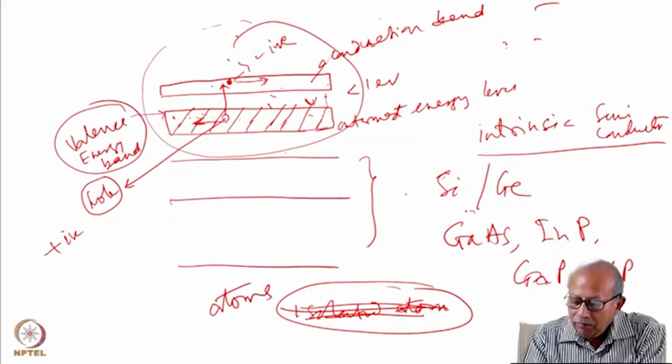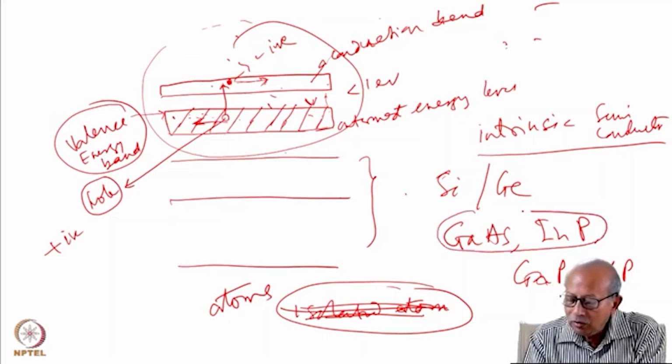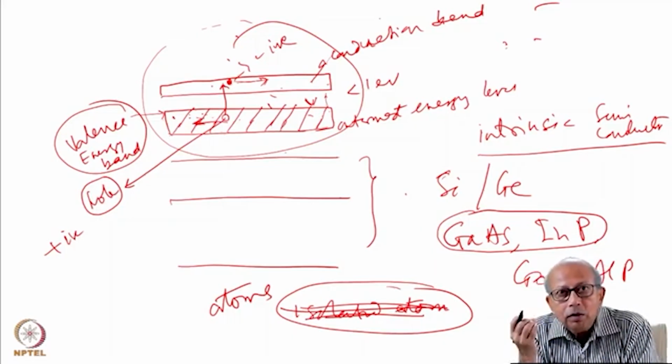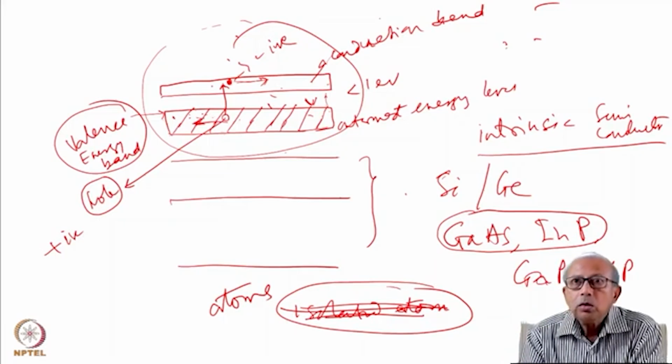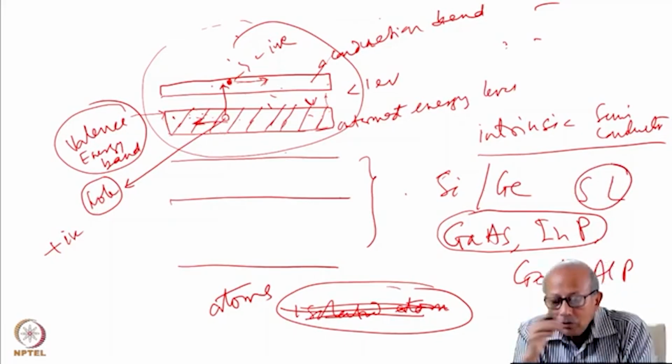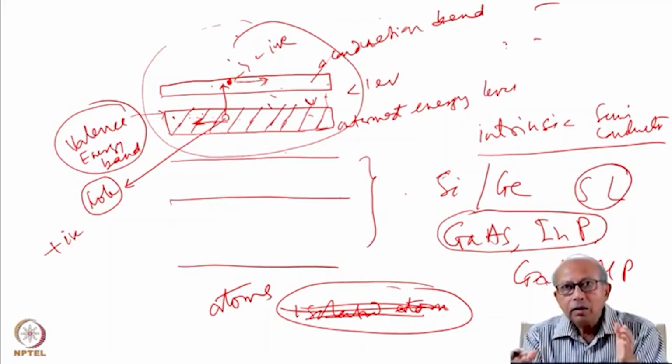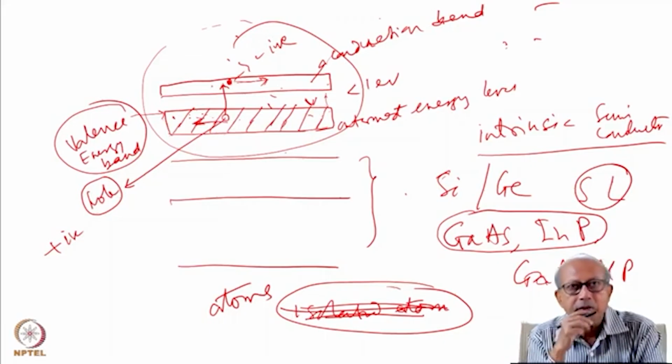Interestingly, gallium arsenide and indium phosphide are the most popular semiconductors that have been used to fabricate semiconductor lasers. So these are all intrinsic semiconductors. They naturally have this ability.